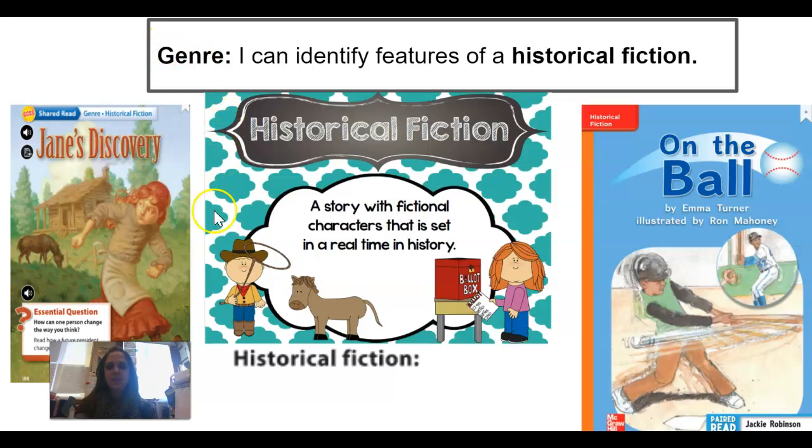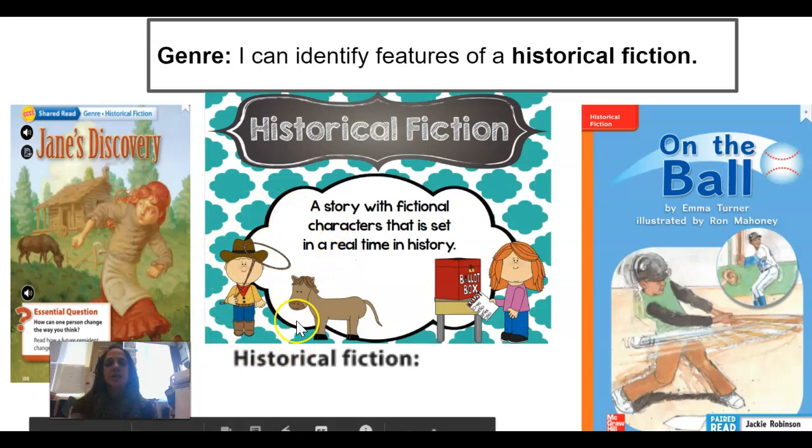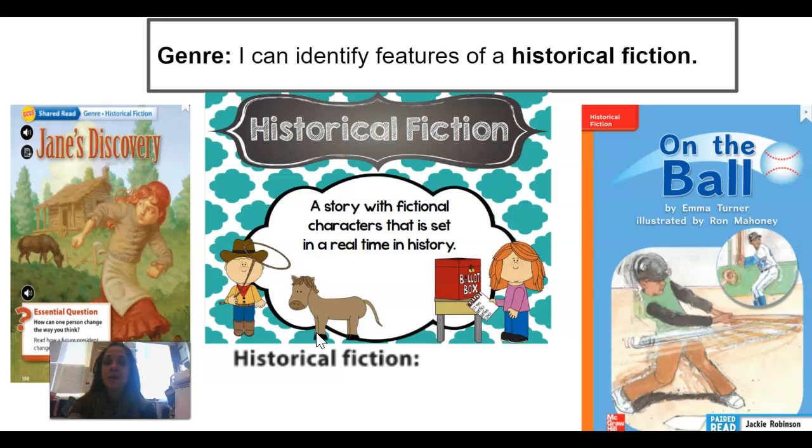I love this anchor chart in the middle. Historical fiction. It is a story with fictional characters. So you see these are fictional characters that it's set in a real time in history. So there really was a time in history where there were cowboys who rode on horses, and you might read about a real cowboy with other fictional characters.